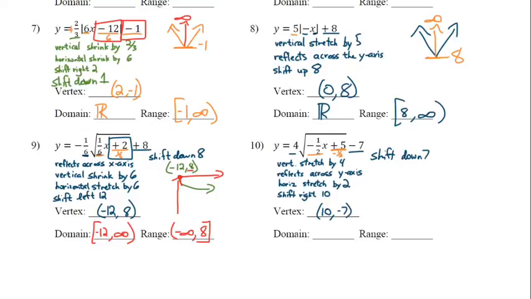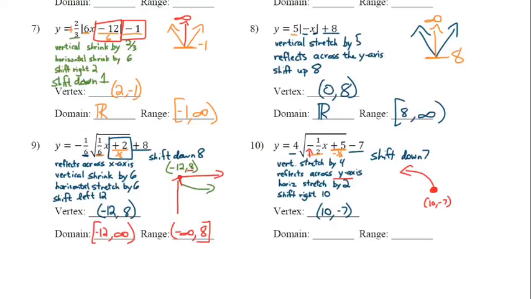Okay? So again, radicals start this and go off. This one is reflected across the y-axis. So instead of pointing this way, it now points that way. So this graph starts at your vertex and goes like that. And your vertex is 10, negative 7.